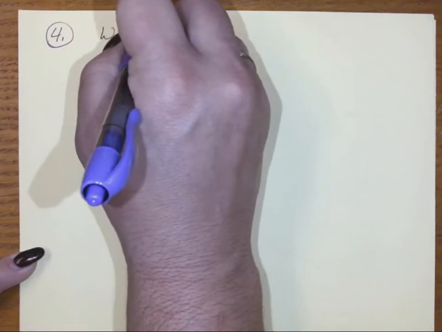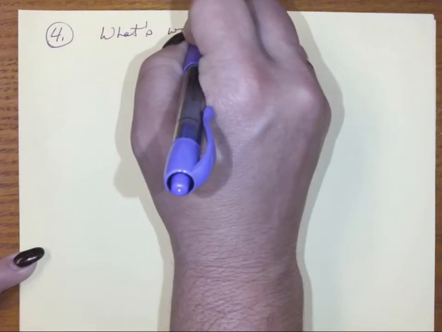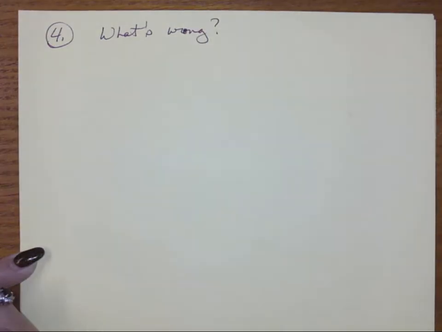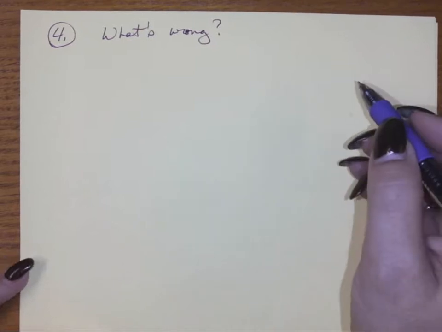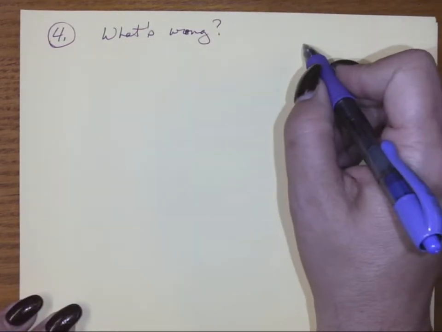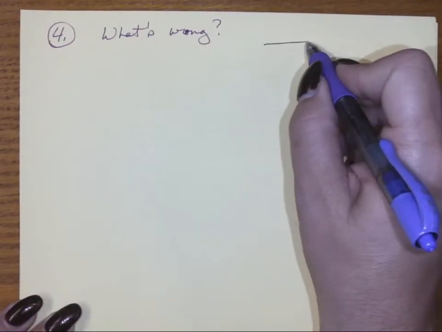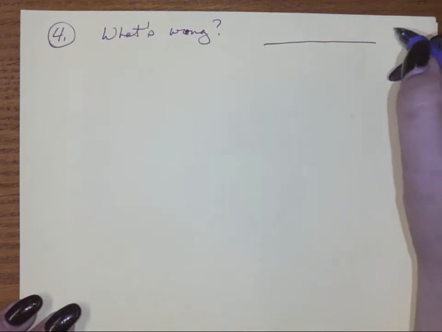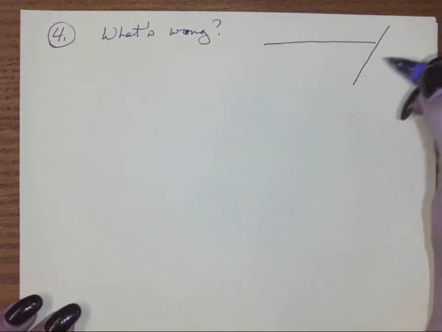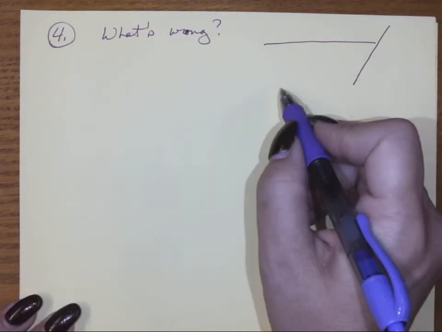Number 4 is another what's wrong with this picture. Sorry about that. I'm sorry in advance, guys. I don't have a ruler with me. So the picture looks kind of like, it's got these extended exterior angles on it.